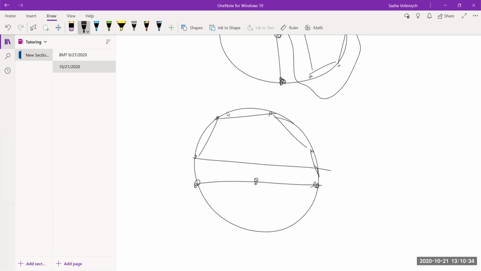This means that all points have to be within, yeah, exactly, a 180-degree arc. But the complication of this problem is that it is not clear which 180 arc it would be.